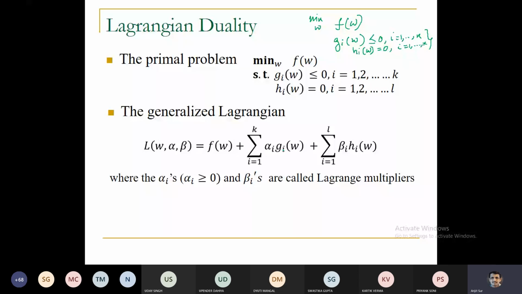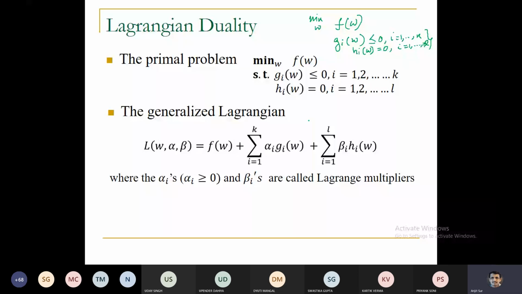With these two constraints put in, it's a bit simplistic way to say how to convert or express a constrained optimization problem as an unconstrained optimization problem, because this particular formulation has no constraint, but here there is a constraint. Understood? So this is one way of handling this kind of problem. This is the problem formulation.